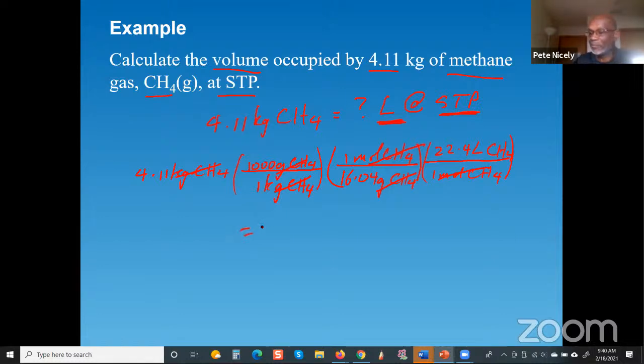And then we do our number crunching, which I'm going to do here. 4.11 times 1,000 divided by 16.04 times 22.4. And according to my calculations, when rounded off to 3 sig figs, the answer becomes 5.74 times 10 to the 3 liters of methane.